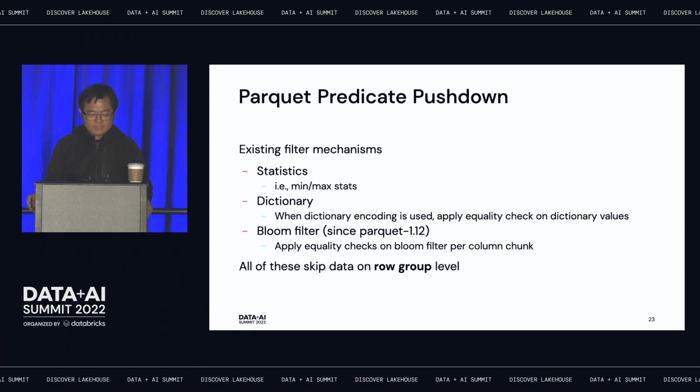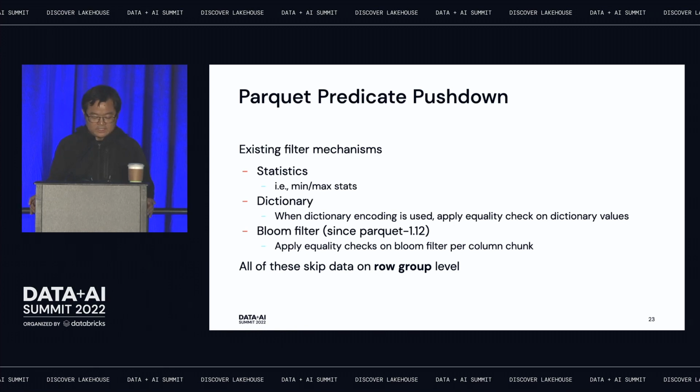So instead of applying the filter to all the data pages, Parquet can just apply the filter on the dictionary page. That can dramatically improve the performance. For instance, if you have a dictionary of strings, Spark can pass down filters such as string starts with, and then you can apply that filter on all the dictionary values instead of all the values in the pages.